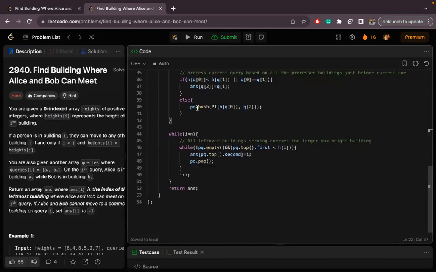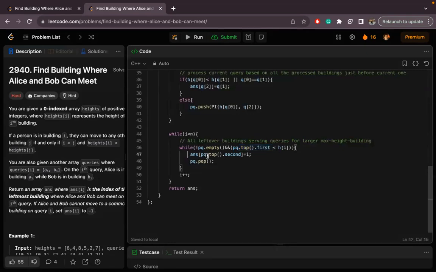So for those, I am just traversing more buildings, and for these buildings I'm looking at the queue and finding out if any query in that queue we can serve. Those queries which have height lesser than my own will be served, right?